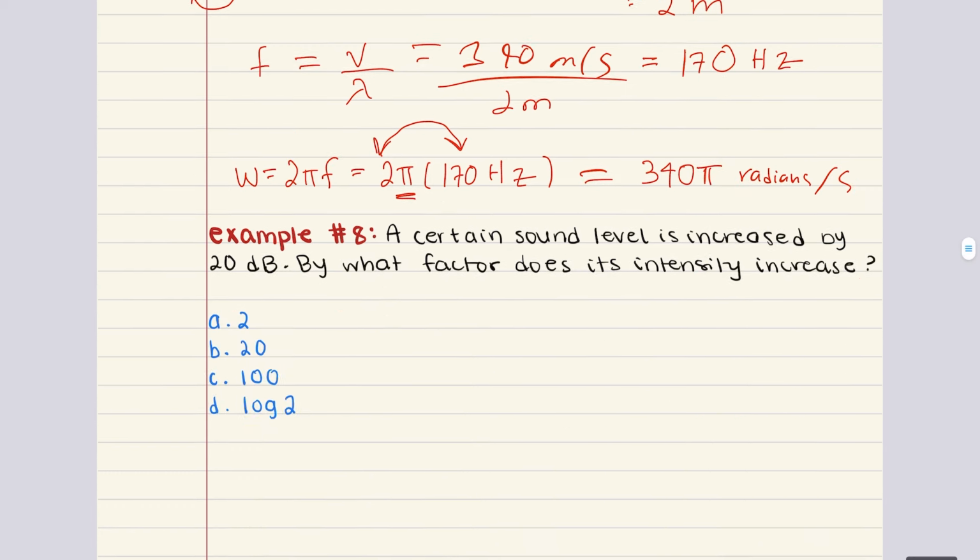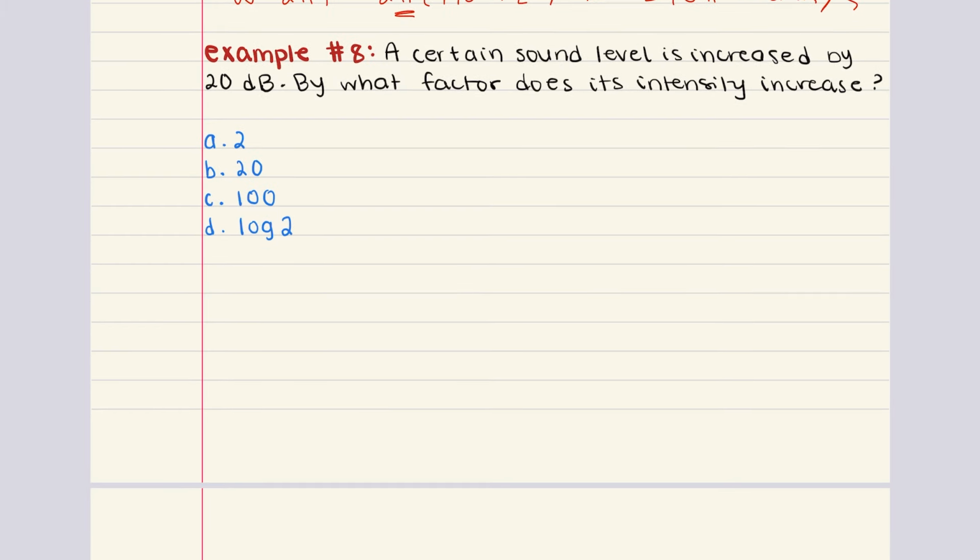Let's do problem 8 next. Problem 8 says, a certain sound level is increased by 20 decibels. By what factor does its intensity increase? We're going to set I initial as the intensity before the increase and I final as the intensity after the increase.